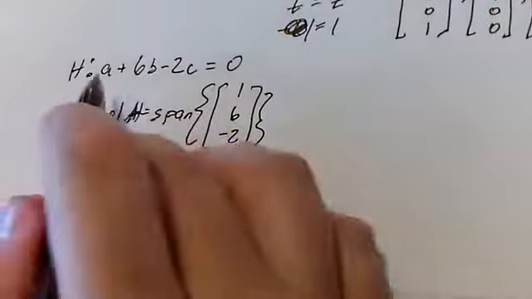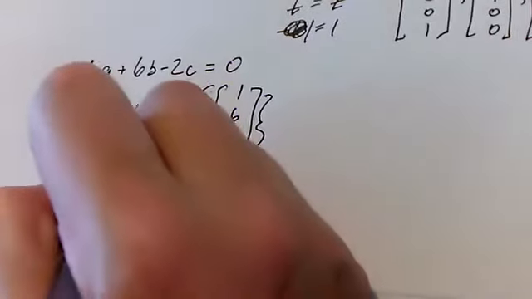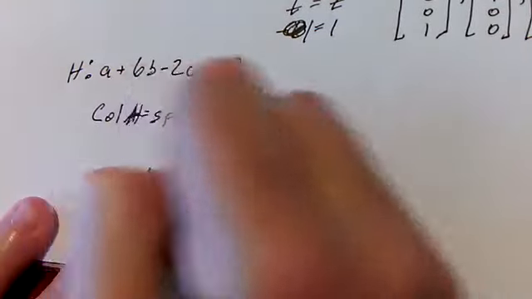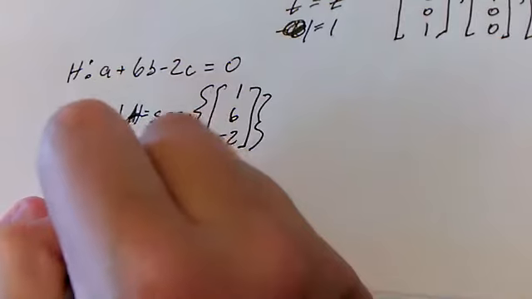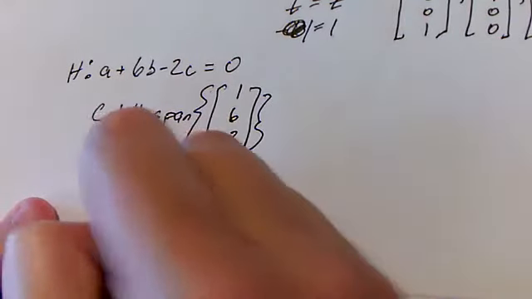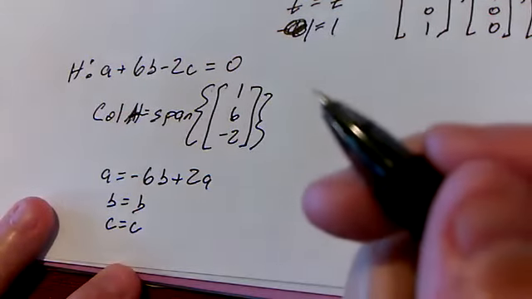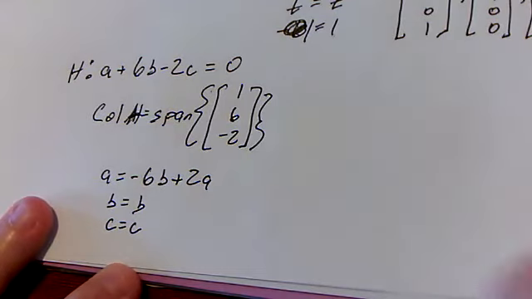Okay, for the null space, again, you write this as a homogeneous equation. So I have A is equal to negative 6B plus 2C with B and C as free variables. So one equation, 3 variables, you're going to have 2 of them that are free.